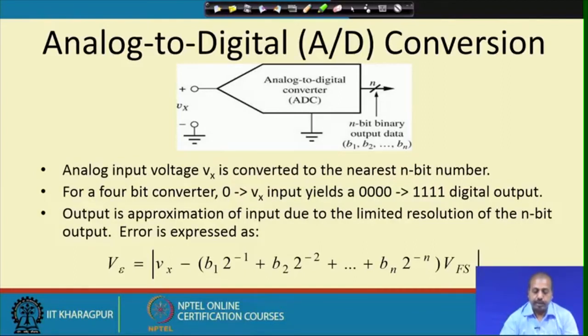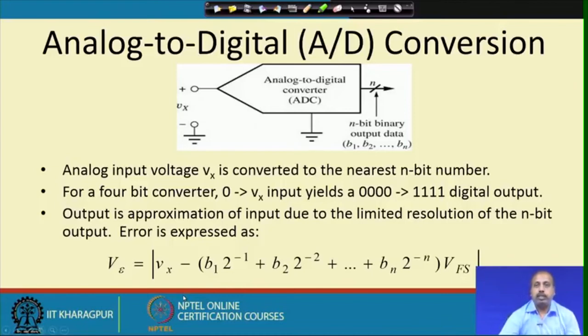Regarding the error, this is actually the Vx that we want to represent, but what we actually get is this one. If all these bits are 1, then you will get a value which is very close to Vfs, but not exactly Vfs. So, Vfs minus that approximation gives the amount of error in the process. This way we can have the analog to digital conversion.